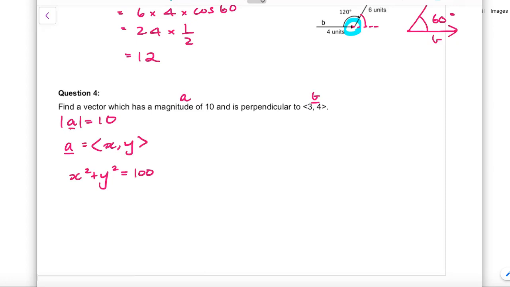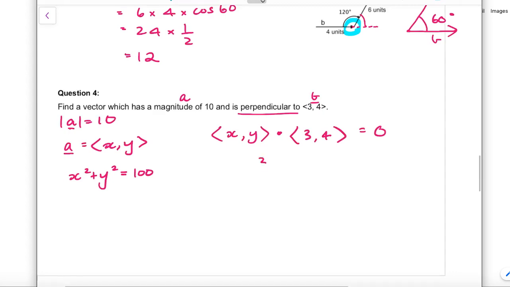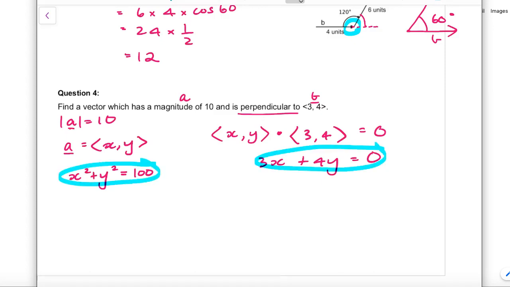When I know that it's perpendicular to another vector, I know that if I do the scalar product of vector A times vector B, I'm going to get a value of 0. So if I carry out this scalar product on the left, I'm going to get 3x with the i components plus 4y equaling 0. What I've got now is two equations with two unknowns, x and y, to find that vector in component form.